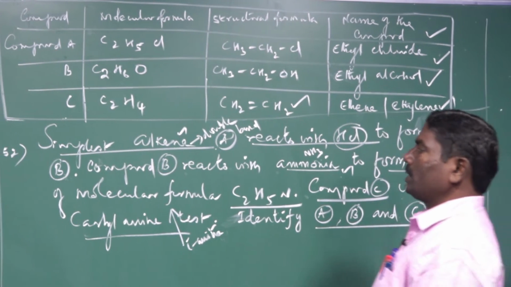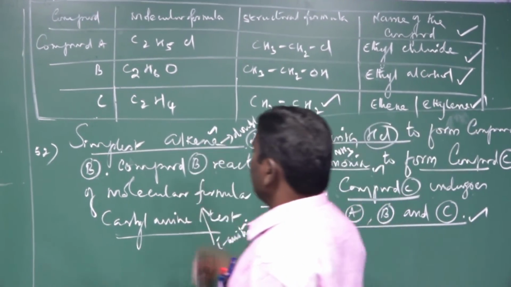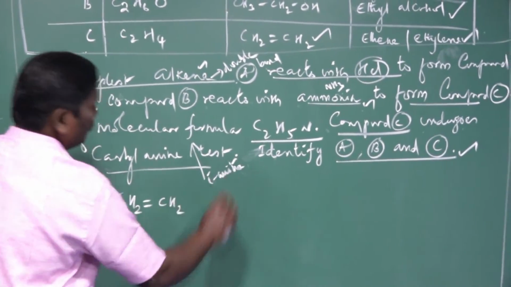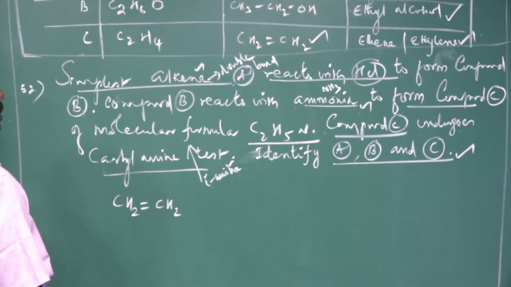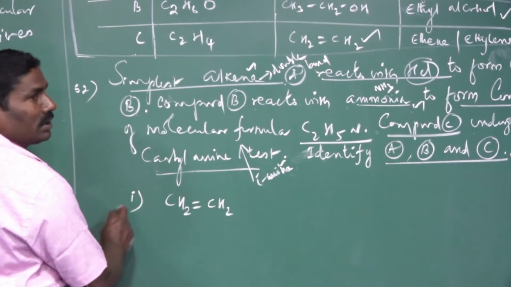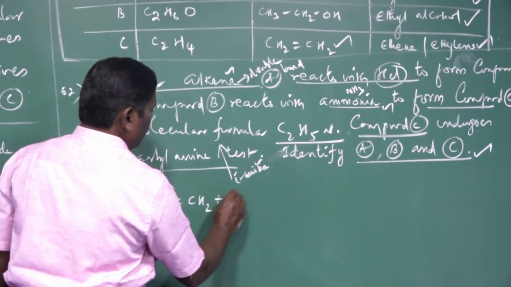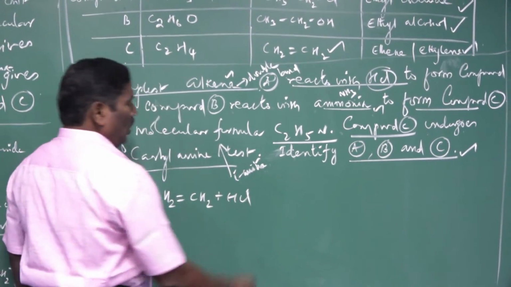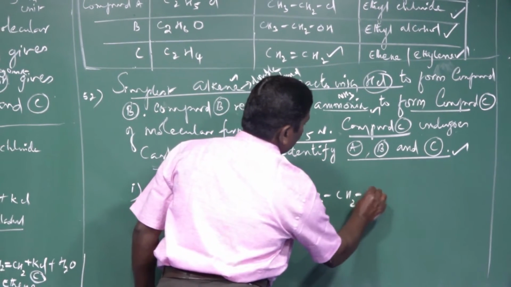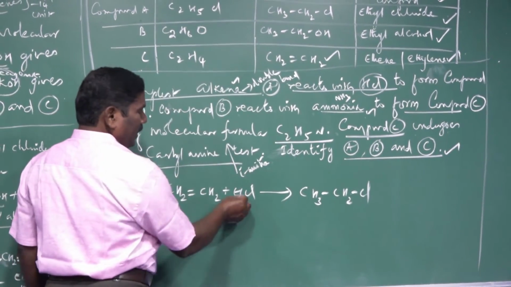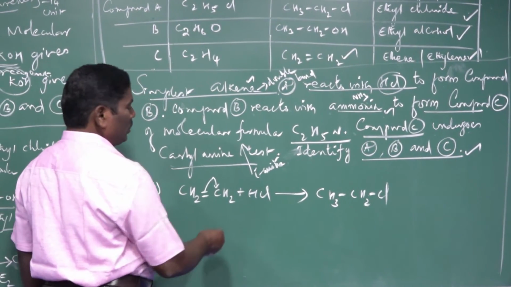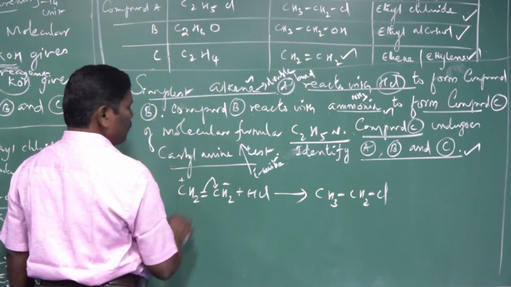Now we are going to solve these equations. First, the simplest alkene is CH2=CH2. It reacts in the first equation with HCl. The product you can write is CH3CH2Cl. Now this can resonate into CH2 minus and CH2 plus.